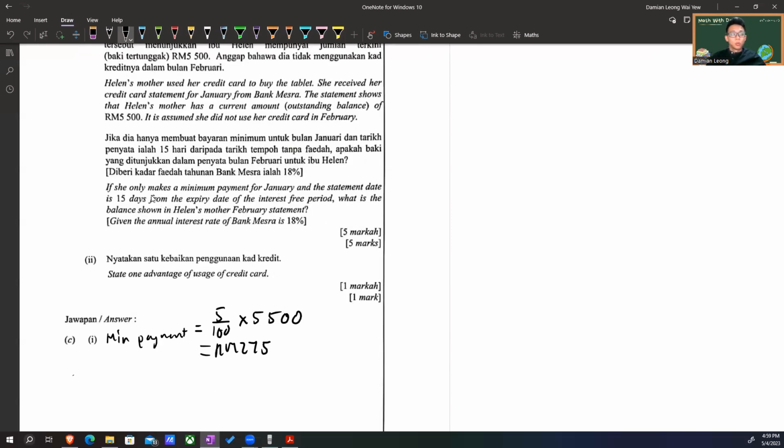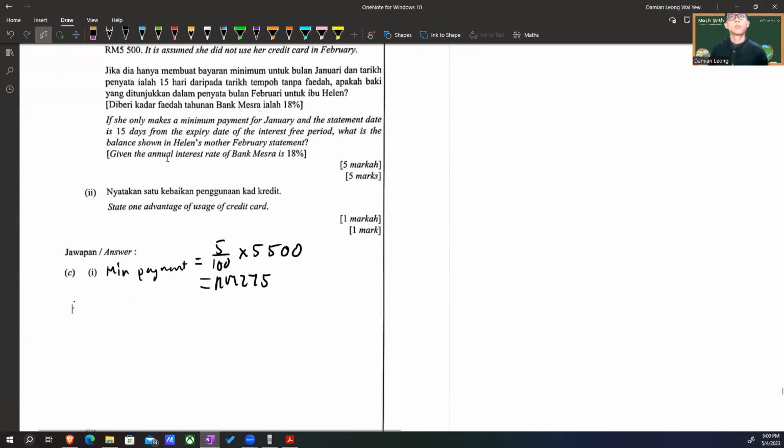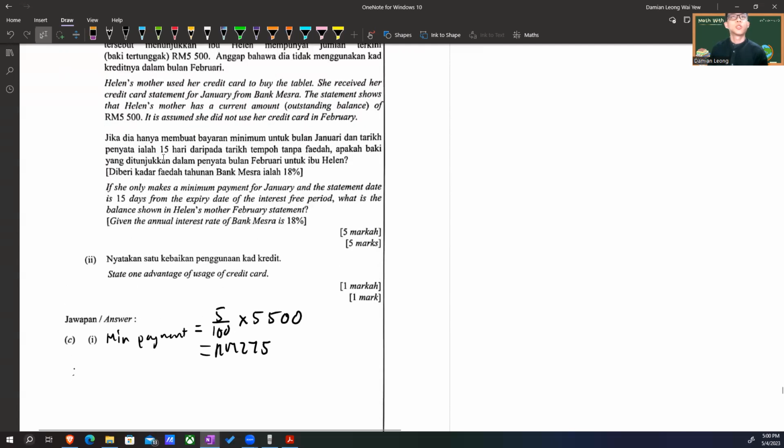So there is no late payment charge. There's only finance charge. Finance charge should be on the transaction.